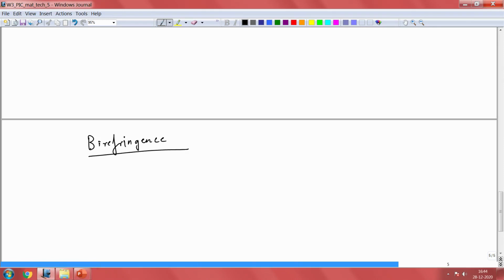So, birefringence is nothing but an anisotropic medium that supports 2 distinct axes where you could have 2 different phase velocities, for example. So, if the light is moving in x and y, you have nx and ny, so nx is not equal to ny.